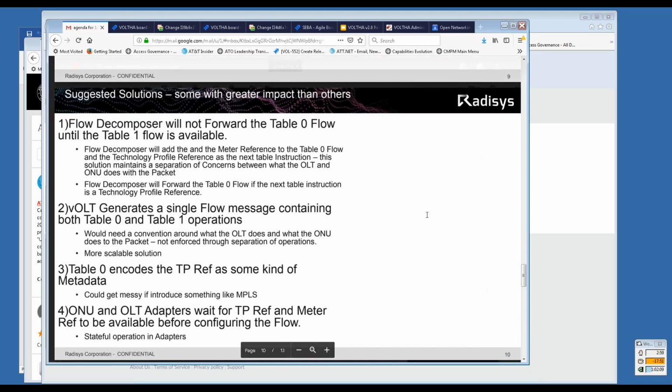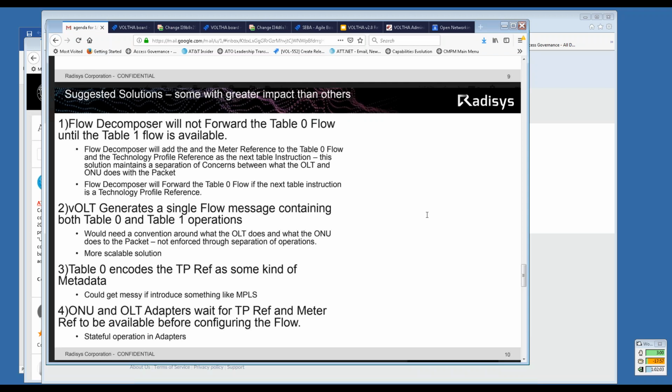Can I ask you one question, please? Sure. Why do you think option 3 would get messy with something like MPLS? Well, if we need to pass metadata from one block to another, we may be overriding something. We may need some metadata field that is already being used.